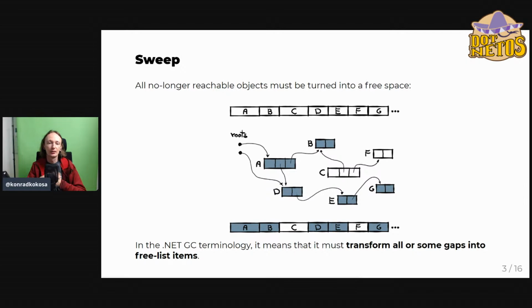We can say that it is transforming all or some gaps into free list items, and we covered the gap term two weeks ago. Every group of no longer reachable objects is treated as a gap, meaning objects no longer needed, and we are turning those gaps into what we call free list items, or free item lists, depending on how you would like to call it.